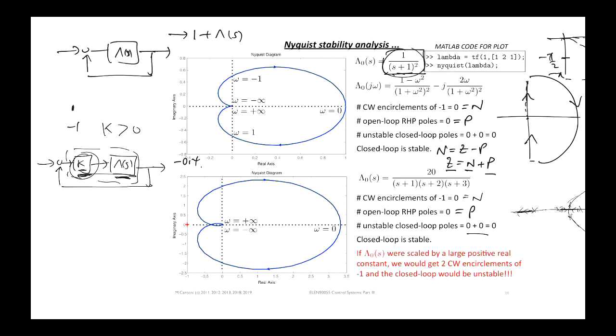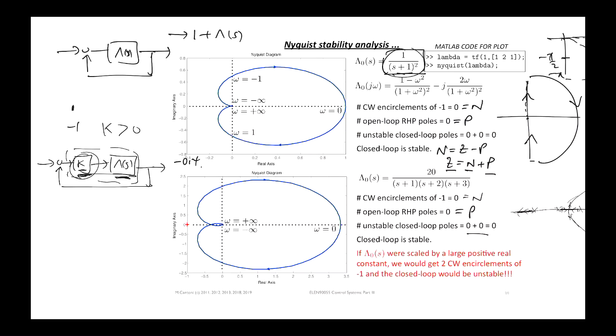So we started looking at this example here. It's a system where the open loop has 2 poles at s equals -1, so that tells us that P is equal to 0. As we're evaluating this function along the imaginary axis, we're really just getting new points in the complex plane.